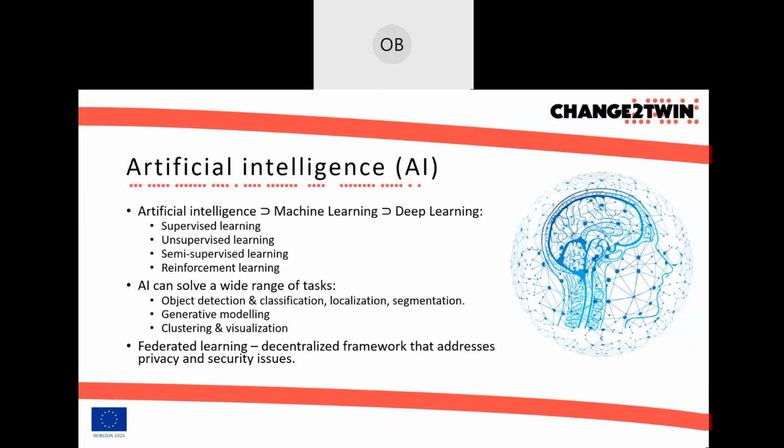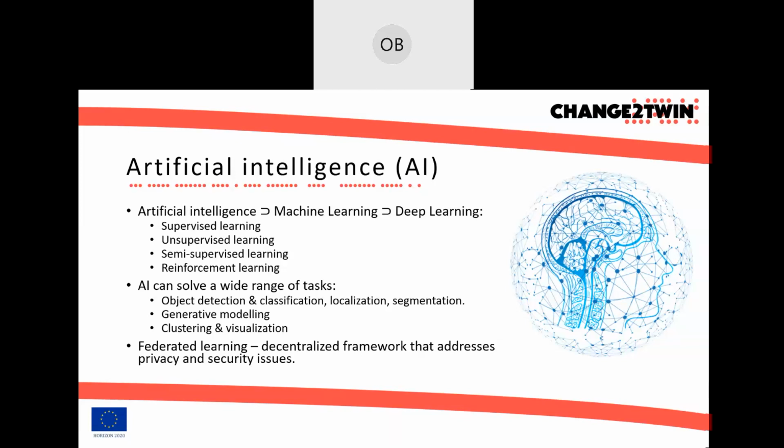Segmentation is going as far as saying what class each pixel belongs to. You have generative modeling, which can actually generate new data sets based on seeing the characteristics of a large data set. Also clustering and visualization. Clustering is kind of unsupervised learning, separating a large data set into several different clusters without necessarily knowing what those clusters mean.